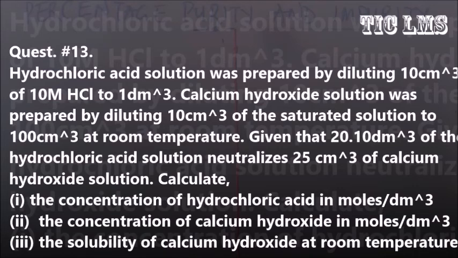Given that 20.10 cm cubed of the hydrochloric acid solution neutralizes 25 cm cubed of calcium hydroxide solution, calculate: (i) the concentration of hydrochloric acid in mole per dm cubed, (ii) the concentration of calcium hydroxide in mole per dm cubed, and (iii) the solubility of calcium hydroxide at room temperature.